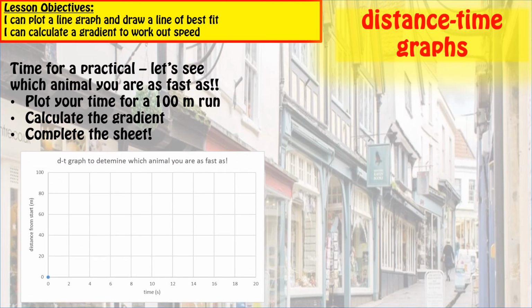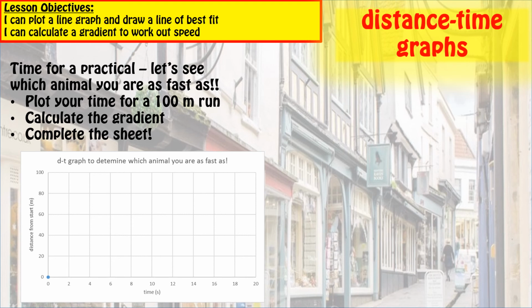In your classroom, usually you would do a practical for this, but this is one that I found that you're able to do yourself if you want to. You don't have to do this, it's not compulsory, but it might be a bit of fun if you've got a younger brother or sister or a dog. So you're going to plot your time for a 100-meter run. You probably know how far 100 meters is by now.